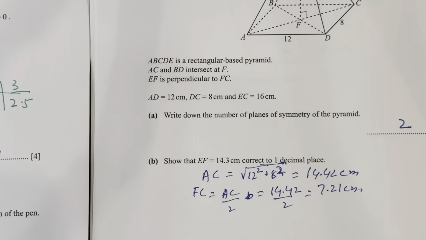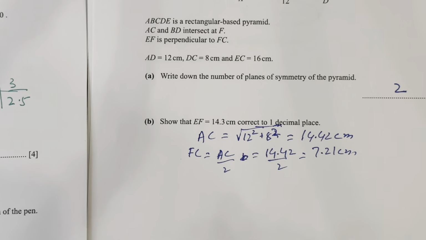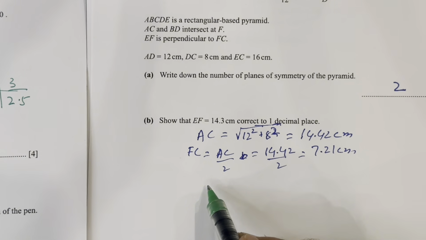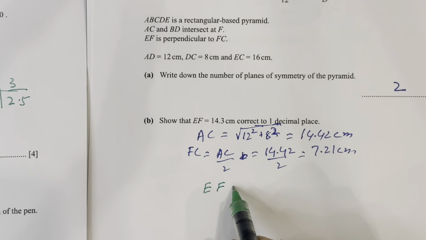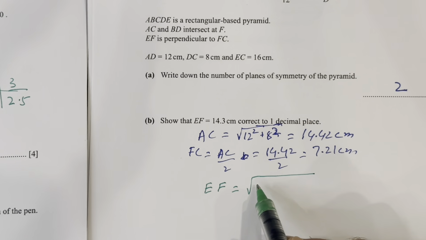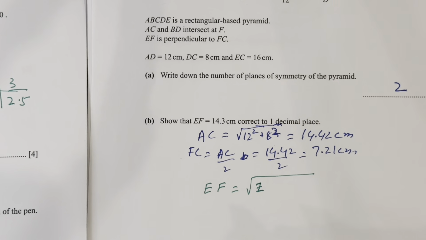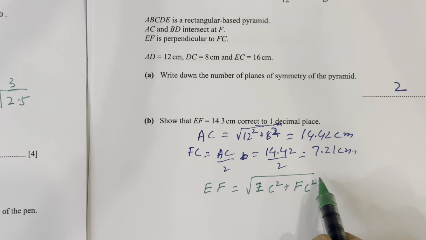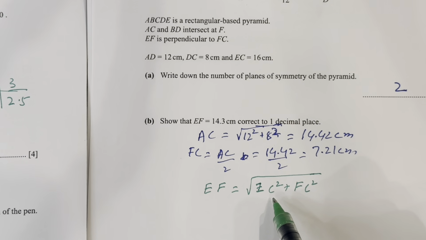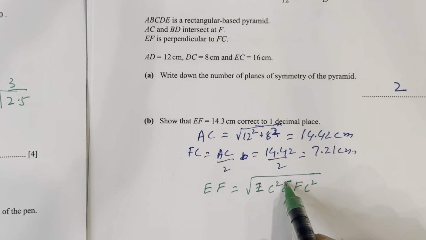Now we need to calculate EF, and EF also belongs to a right angle triangle. So we're gonna apply Pythagoras theorem. EC square minus FC square, sorry.